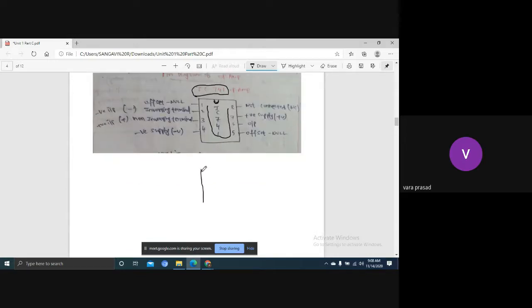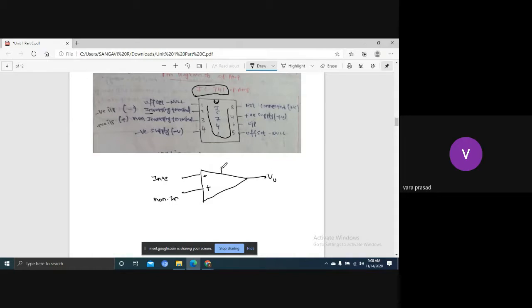I can represent the op amp like this. This is the op amp. This is the inverting terminal, the negative terminal, and the positive terminal is non-inverting. In the name itself, inverting means negative, non-inverting means the positive terminal. And here it is V out.